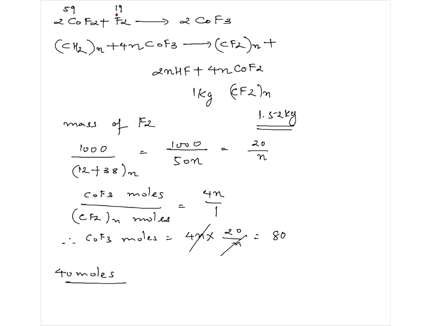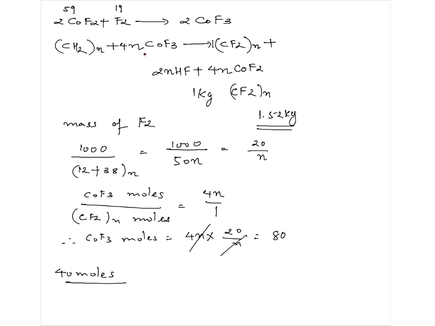So we can find out moles of this fellow from 1 kg, and then this intermediate has how many moles? 4n times moles of this fellow. 4n is to 1, that's the ratio. So whatever moles we have got for this fellow, multiply those moles by 4n, and you will get the moles of COF3.